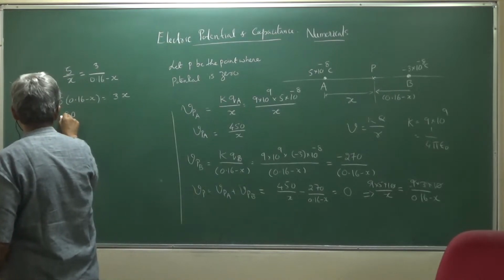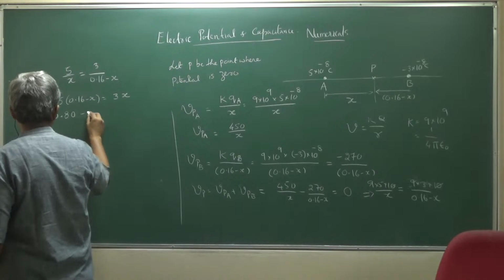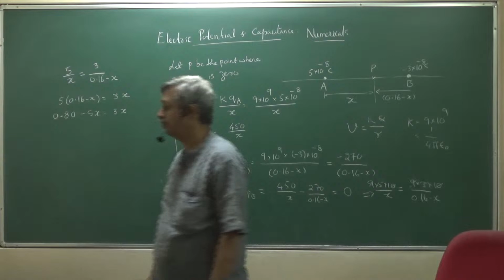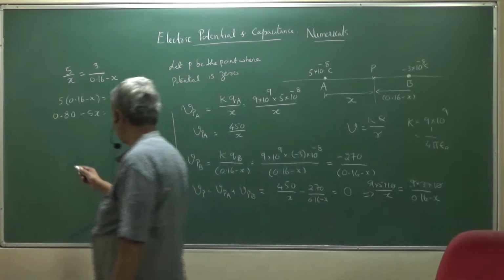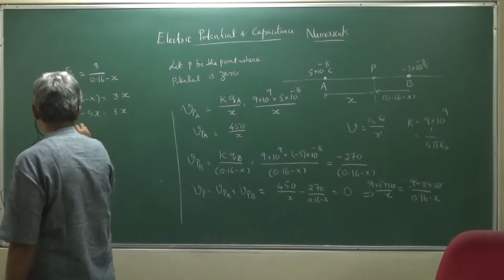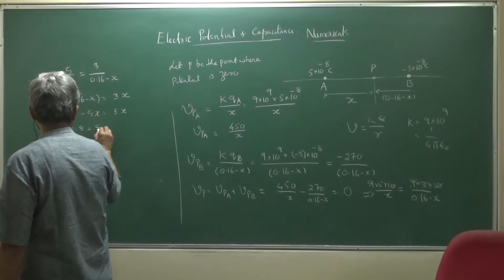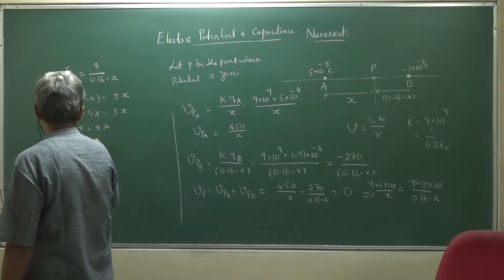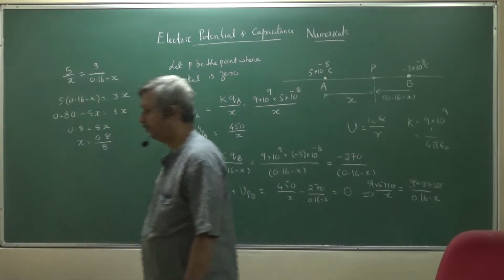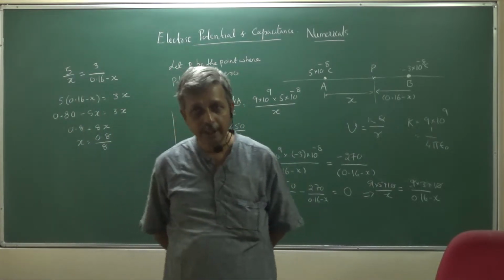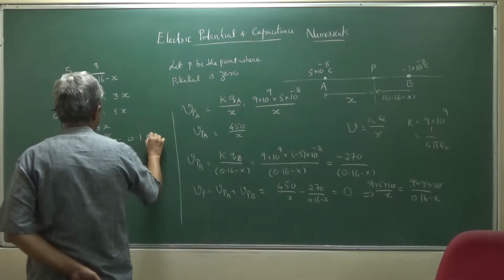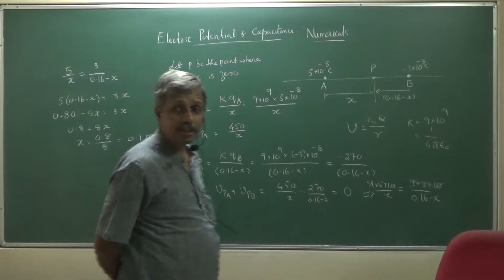This will become 0.8 minus 5x is equal to 3x. Now if I get this one this side, it will become 8x. 0.8 is equal to 8x, or x is equal to 0.8 divided by 8, which is nothing but 0.1 meter. X has come as 0.1 meter.